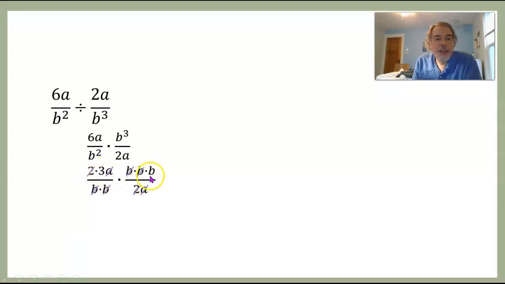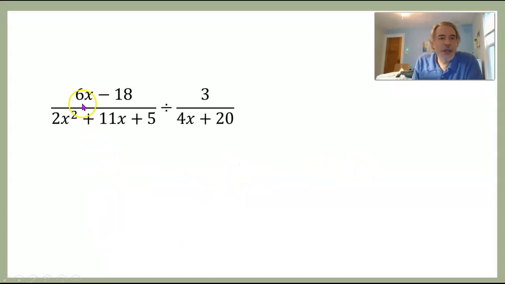We have a 3 and one more b left on top and nothing left on the bottom. So when you divide out everything, there's just a 1. So we got 3b over 1, but anything divided by 1 is just that thing. So instead of writing it as 3b over 1, we could just write it as 3b.